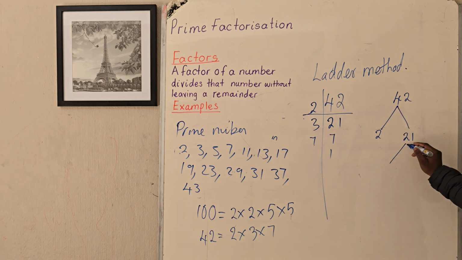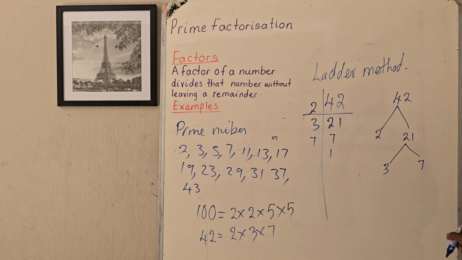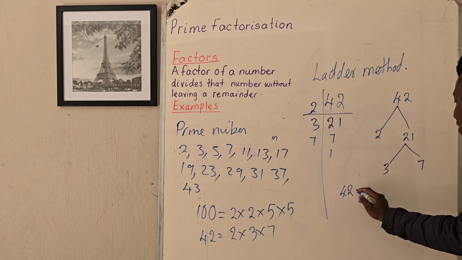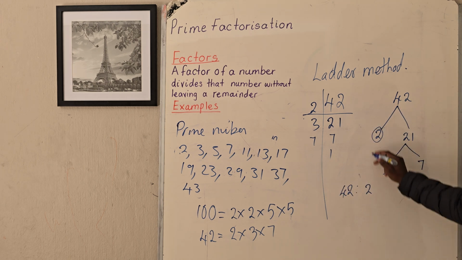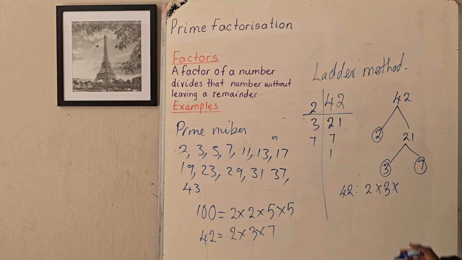We can split it by starting with the smallest prime number that can divide 21, which is 3. 3 into 21 is 7. And now 7 is a prime number. So 42 can be expressed as 2 times 3 times 7.